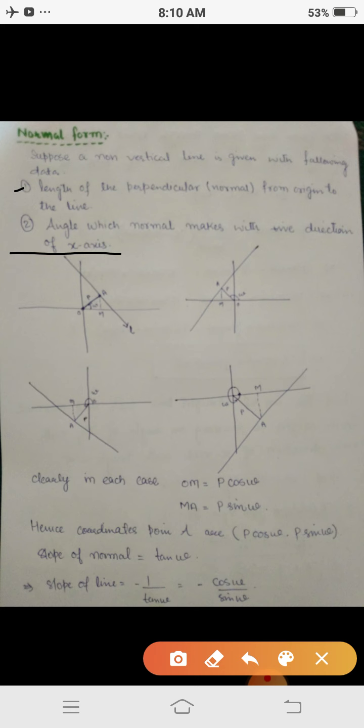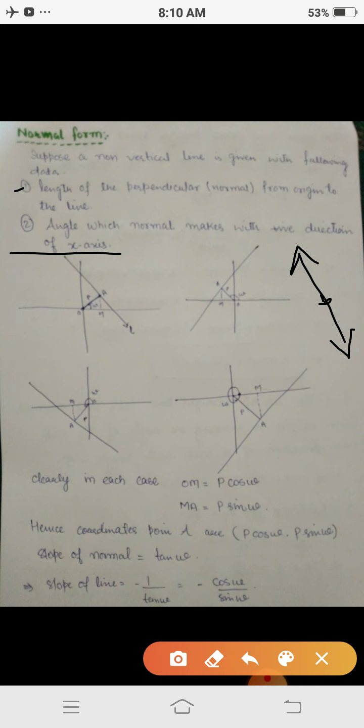So what is a normal? If we consider a straight line and any point on it, the tangent at this point coincides with this line, because for straight lines the tangent coincides with the given line.